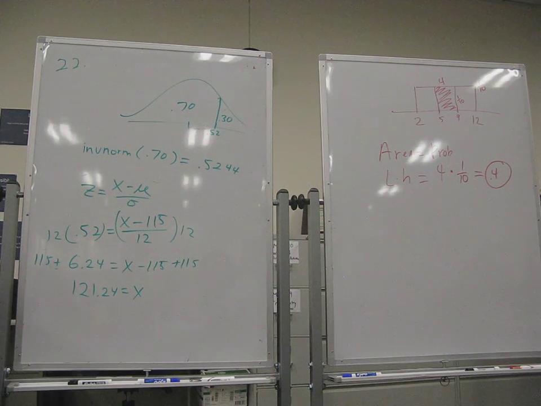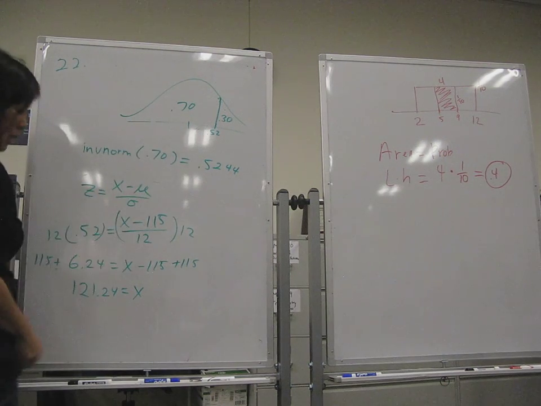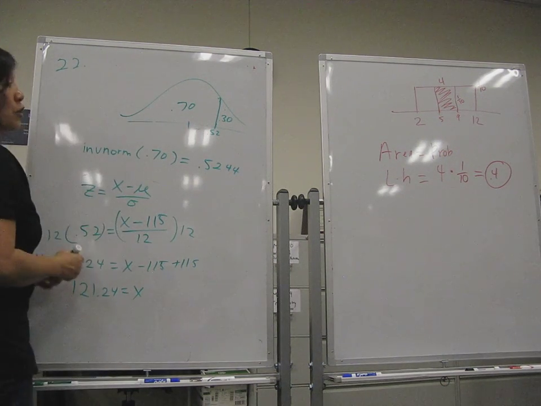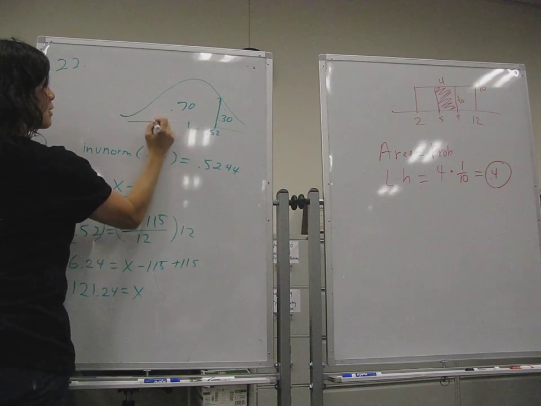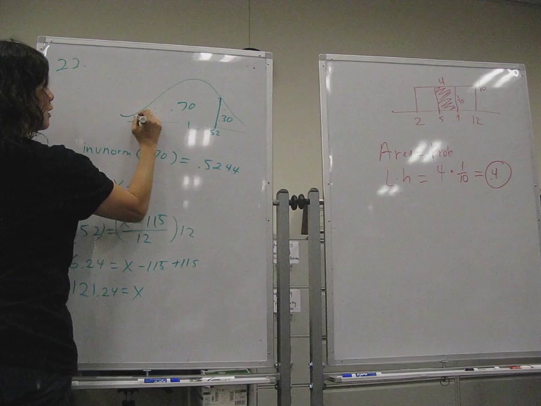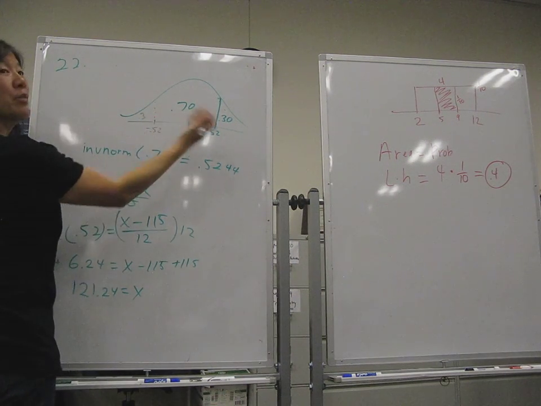Back to the first step, to the inverse norm, given the area, I put in both numbers and I still get the same. No, you don't. If you put in 30, you get negative 0.52 because it's symmetrical. So 30% over here would give you negative 0.52. And you could do that, but then you better realize that you need to switch it over and make it positive because it's symmetrical.